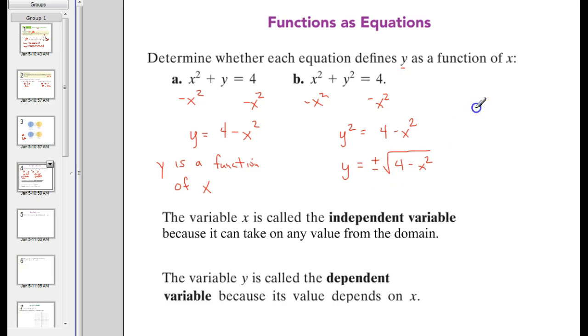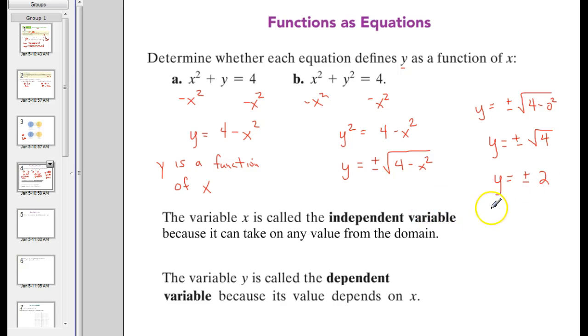So let me just show you over here. y equals plus or minus the square root of 4 minus 0 squared. 0 squared is 0, so 4 minus 0 is still 4. Well, the square root of 4 is 2. So y could be positive 2, but it could also be negative 2.